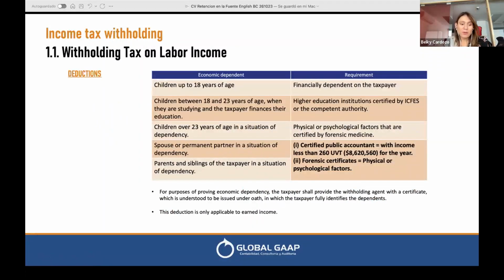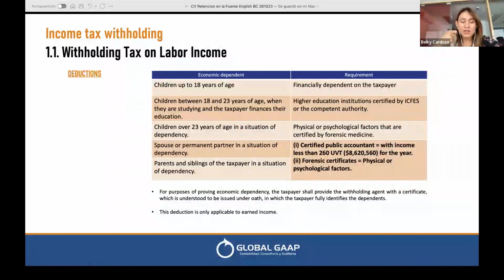So, super important here, the economic dependent. Who could be my dependents, or who could be your dependents? Children up to 18 years old, but you can extend it to 23 years old if your children are going to the university.